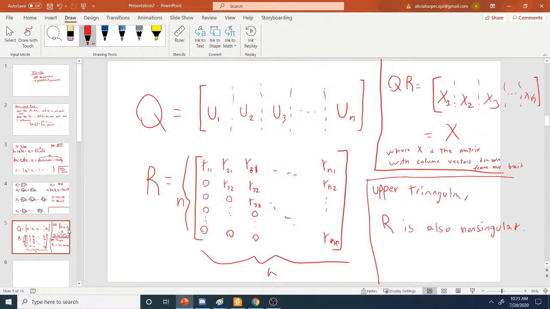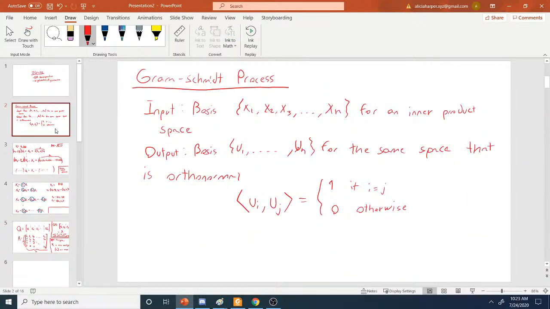The reason R is non-singular is that the rkk are never zero. The reason they're never zero is precisely because we're going from x1 through xn to u1 through un.